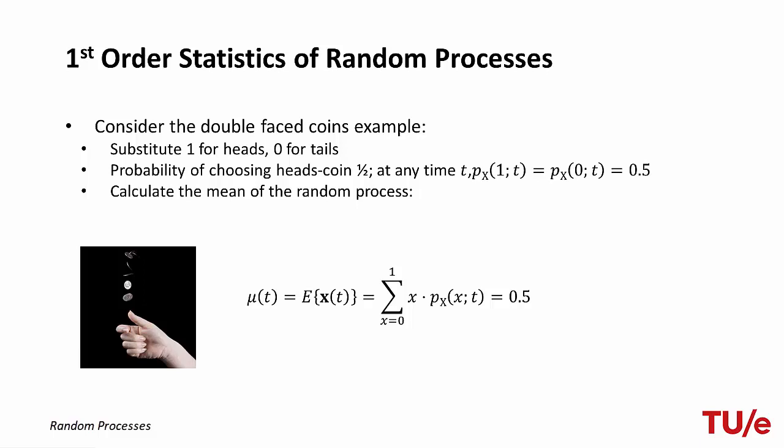Here, the randomness of the controlling parameter, the selection probabilities for each coin, manifests. At any given time, we expect to see heads represented by 1 in half of the experiments. We expect to see tails represented by 0 in the other half. This defines the probability mass function, which is used in the equation at the bottom of the slide to calculate the mean of the random process.